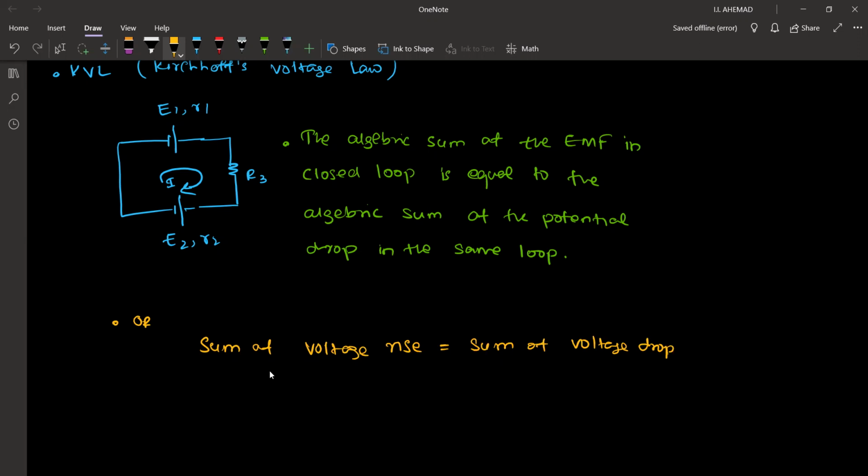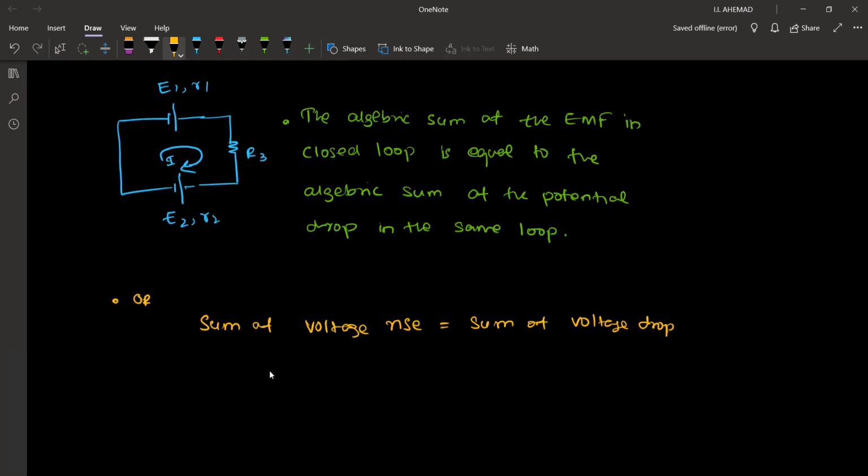Okay. So here, if we check the EMF, if we check the batteries, these two batteries meet in the opposite direction. So sigma of EMF, that is E1 minus E2, equals I times R1 plus R2 plus R3.